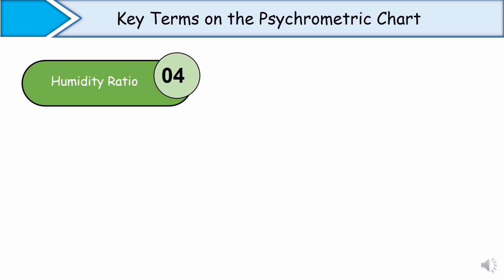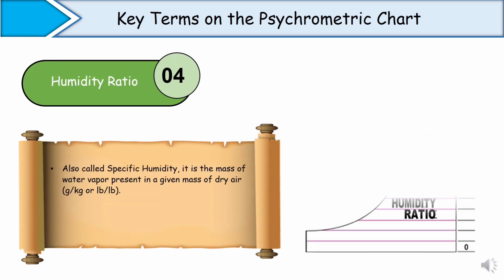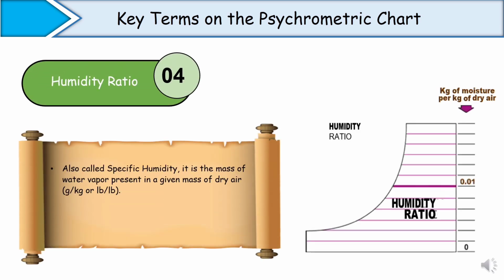Now the next term is the humidity ratio. What is this? Humidity ratio, also called specific humidity, is the mass of water vapor present in a given mass of dry air. This humidity ratio quantifies the actual amount of moisture in the air, making it a key factor in dehumidification and air treatment processes.